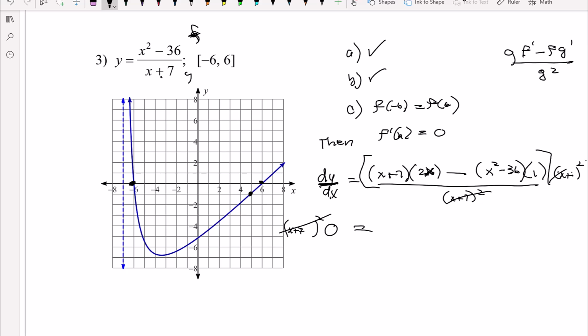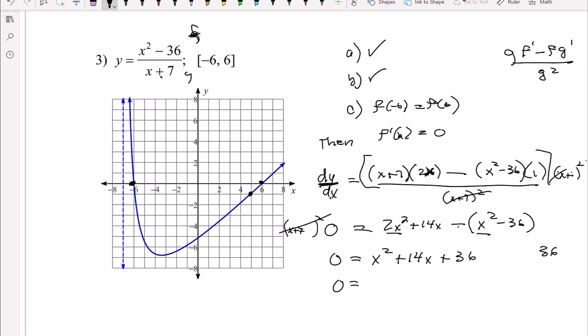So this is 2x right here. 2x times x is 2x squared. 2x times 7 is 14x. We're going to subtract x squared minus 36. So 2x squared subtract x squared is just x squared, and then plus 14x. Subtract a negative 36 is add 36.